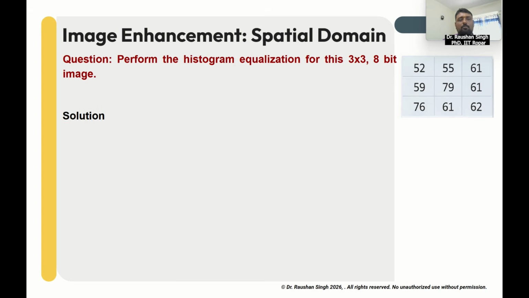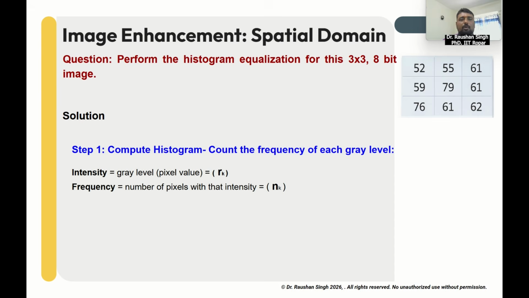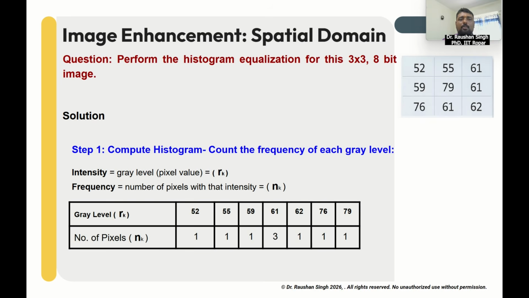Coming to the solution, first we have to create the table. In the table, rk represents your gray levels, meaning the intensity values, and nk is the number of pixels, that is, how many times those intensity values occur in the complete image, the frequency.